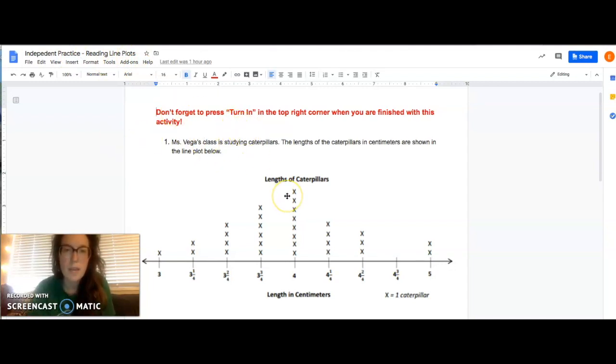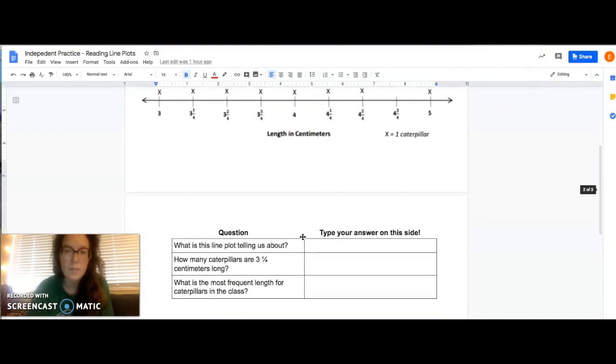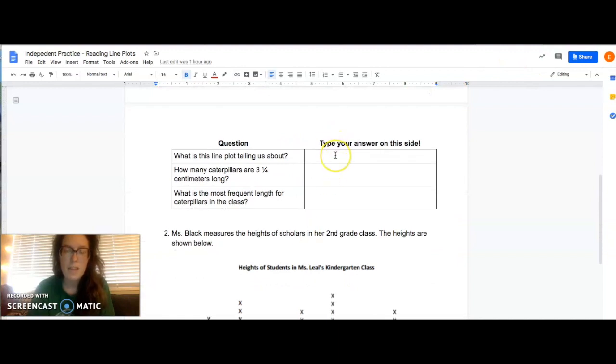When you're done with this page, don't forget to press Turn In. There'll be a little Turn In button up here in the corner. And for these problems, you're going to type your answer on the side. So what is the line plot telling us about? It's telling us about how many caterpillars are 3 1/4 centimeters long. 78. I'm just kidding. That's too many caterpillars.